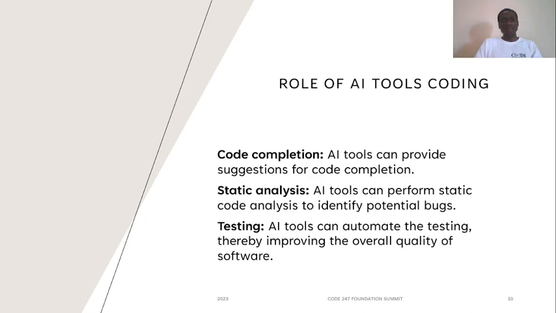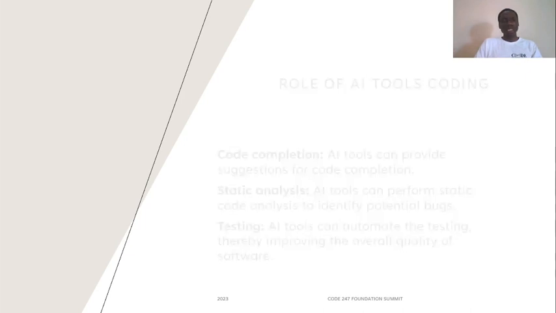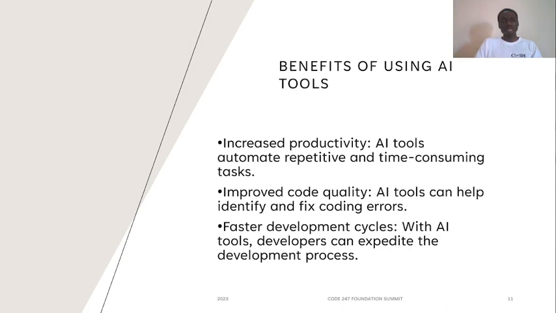So let's look at the benefits of using AI tools. There are several benefits. I'll just mention a few of them. One, increased productivity. Definitely, if it completes your code for you, you will spend less time writing, which will save you a lot of time. Improved code quality. AI interestingly knows the code better than most of us, because it has studied thousands or millions of lines of code, and it knows what is best practice.